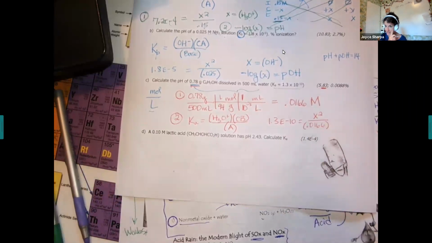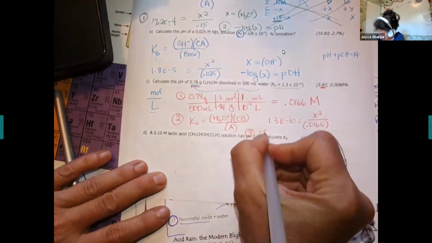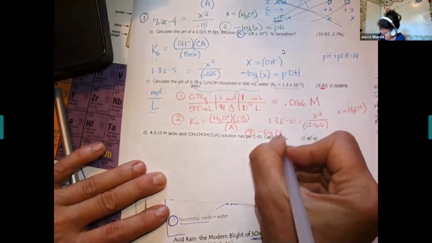Has to be molarity. That's been like the biggest question. A lot of students are doing moles. It will not work. And then your third step would be that the negative log of your, when you solve for x, is going to be your hydronium. So the negative log of x is going to be our pH.